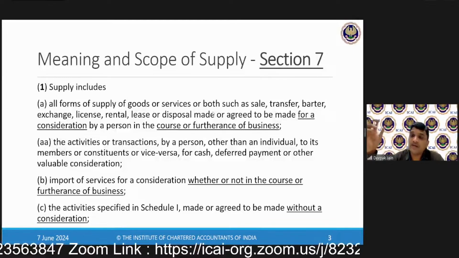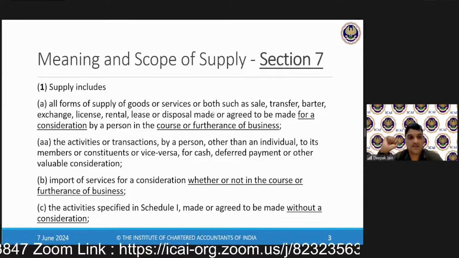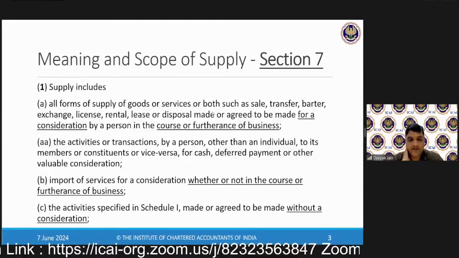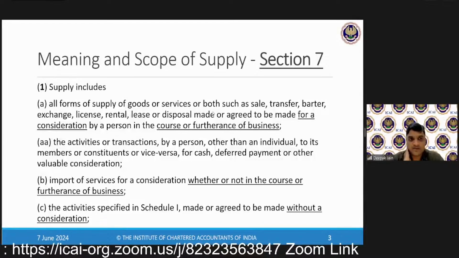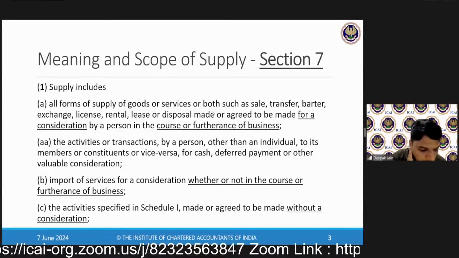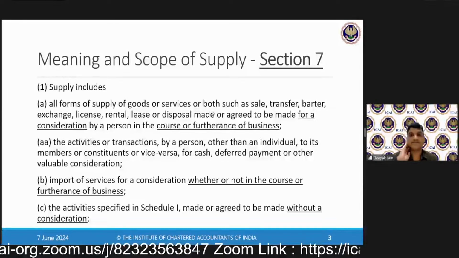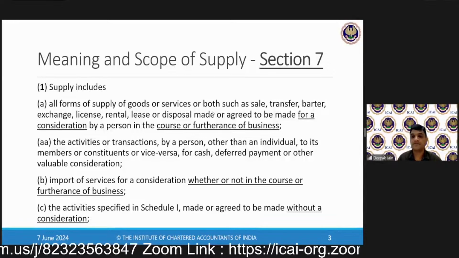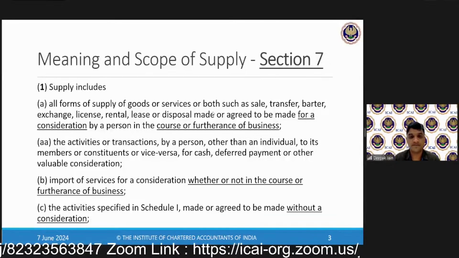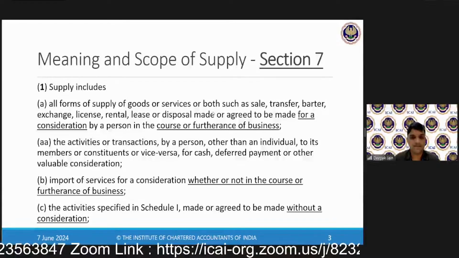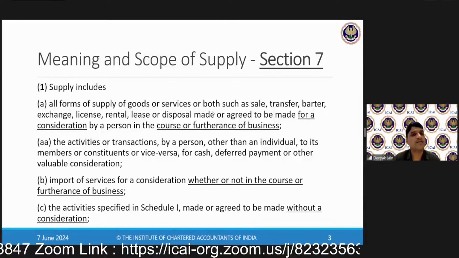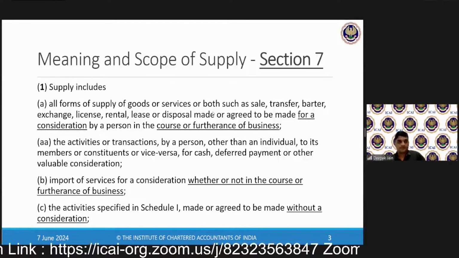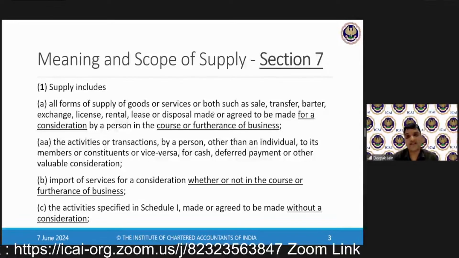Now, if I sell a mouse and I don't charge the customer, is it a supply or not a supply? Simple question. A computer or a laptop dealer having one of his accessories.